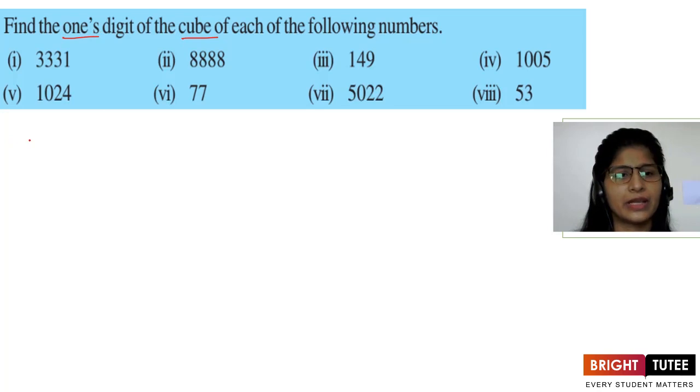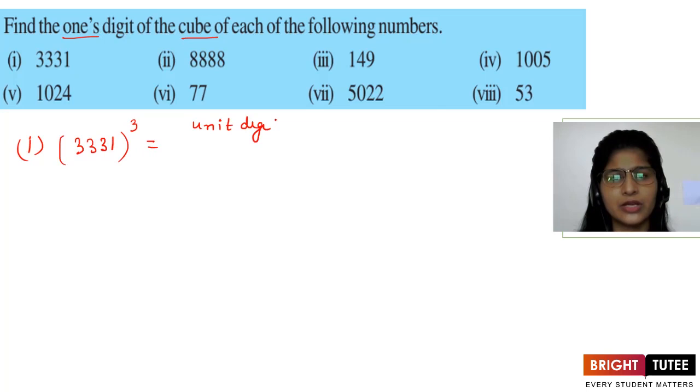Just see here. The first one is 3,331. And you have to tell what will be the unit digit in the cube of it. So take the last digit, that is 1. Do the cube of it, you get 1 only. So the unit digit in the cube of this number will be 1.